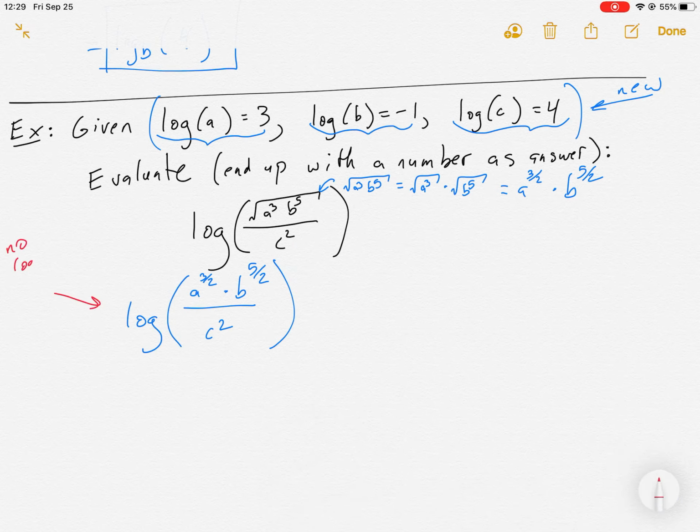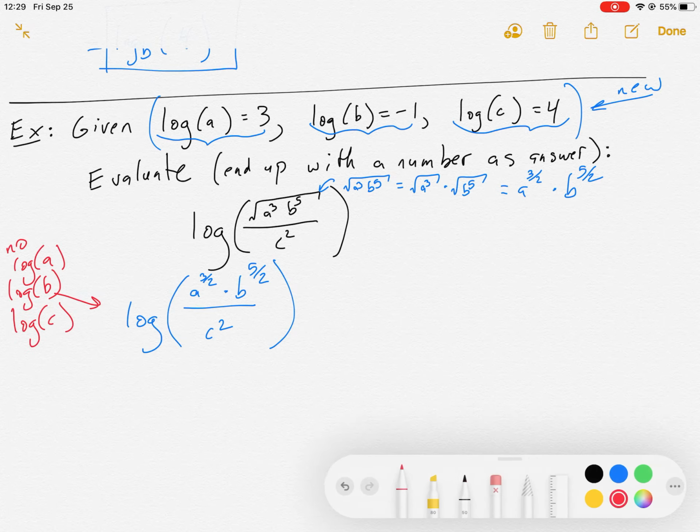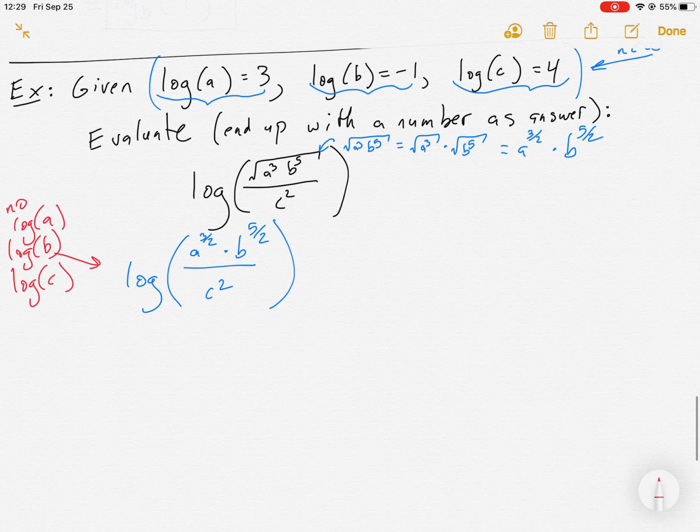I don't have log of a yet, I don't have log of b yet, and I don't have log of c. So this is really an expand problem in disguise.